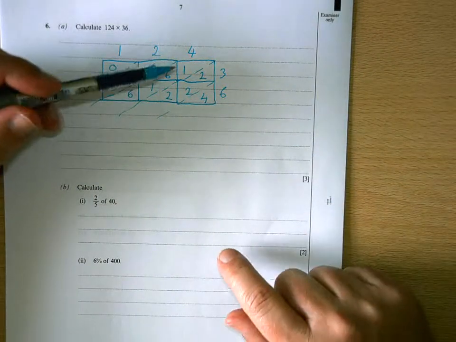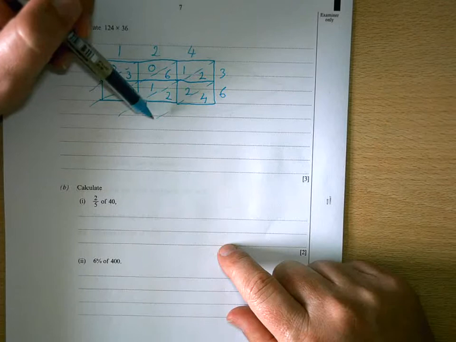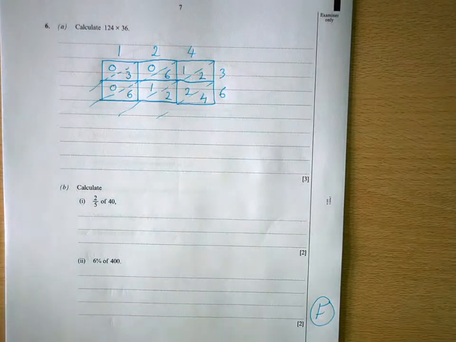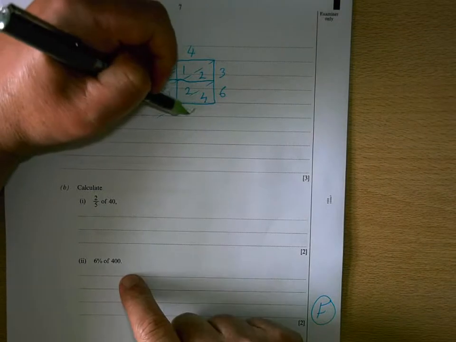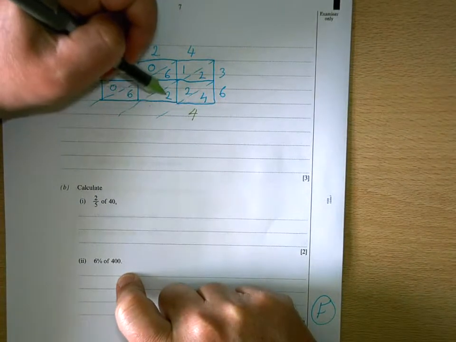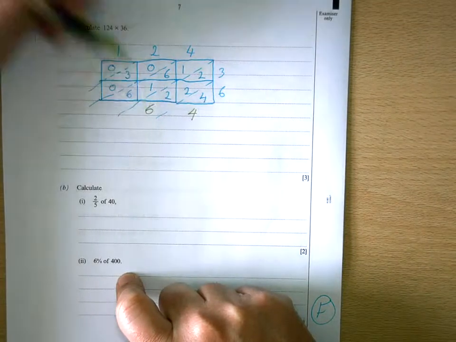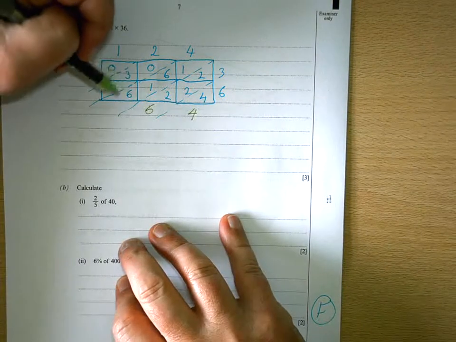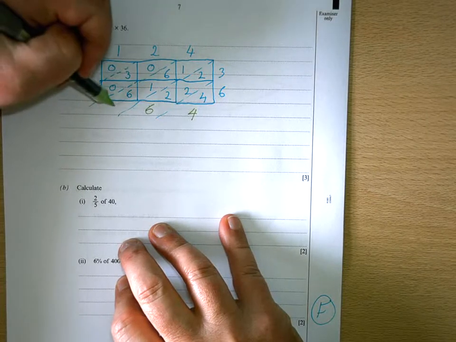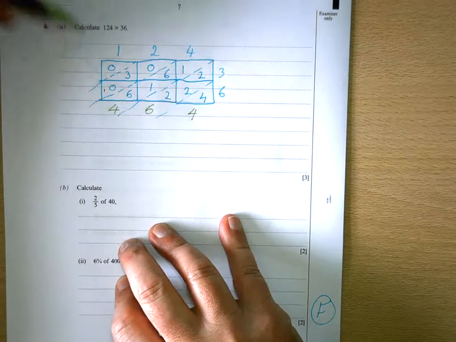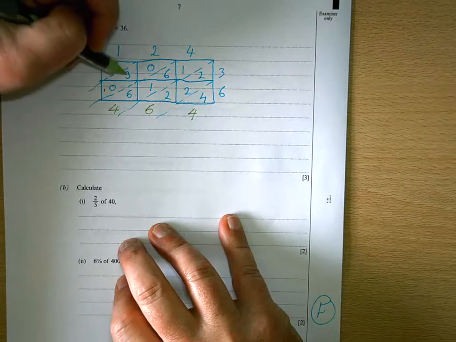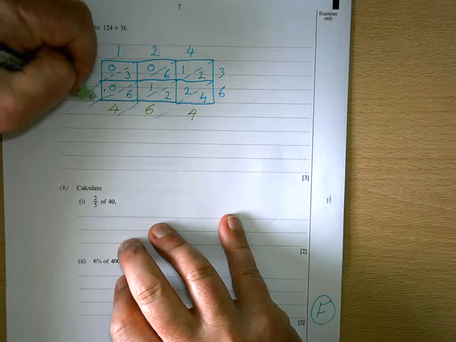What you then have to do is add up your totals. So if I just do that in a different color to make it clear for you. So this first digit here will be 4 in that diagonal. In this diagonal you've got 2 and 2 and 2 is 6. In this diagonal 6 and 6 is 12, 13, 14. 4 down, and then you need to carry the 1 over into the next diagonal, which is going to be 3 add 1, which is 4, and then 0.